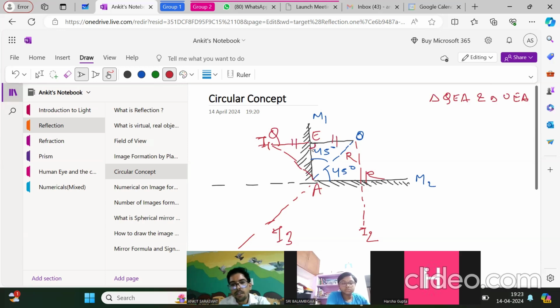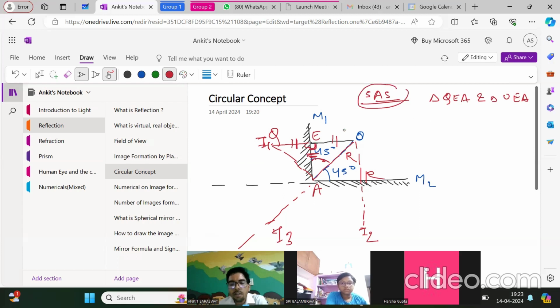This is 90. You have learned SAS, side angle side. Did you learn this? Yes, sir. Two sides are equal, this is 90, and one angle is common. So by the SAS property, these two triangles are congruent.